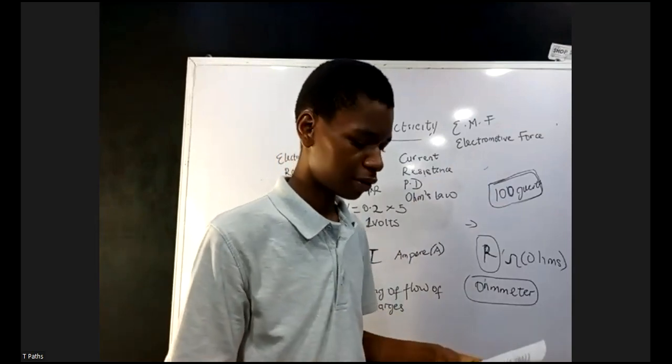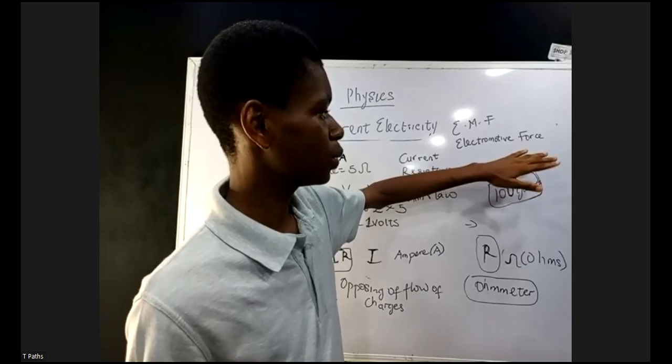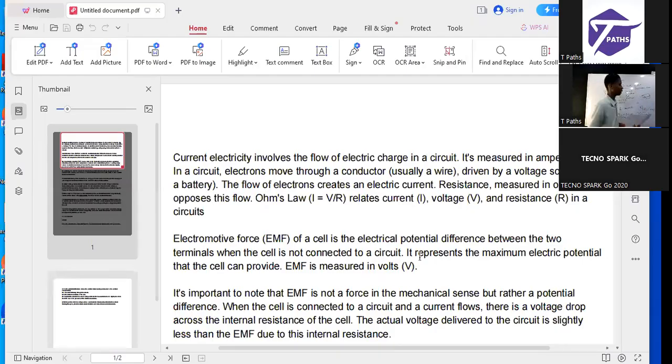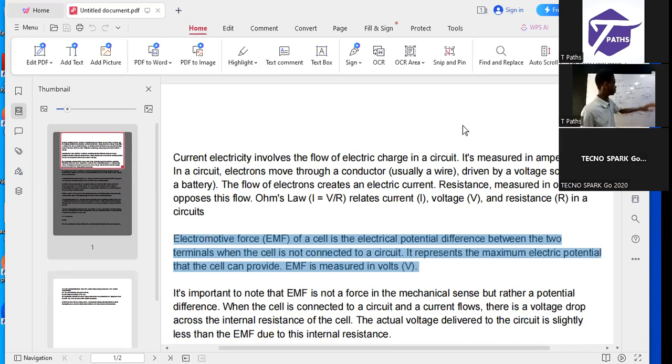Okay, so the EMF of a cell is the potential difference between the two terminals in the cell when it is not connected. So EMF is simply the potential difference of the cell when it's not connected, or you can say it's the maximum energy or maximum force that the cell is going to have at a particular time. So the potential difference of the cell when it's not connected, that's the electromotive force.